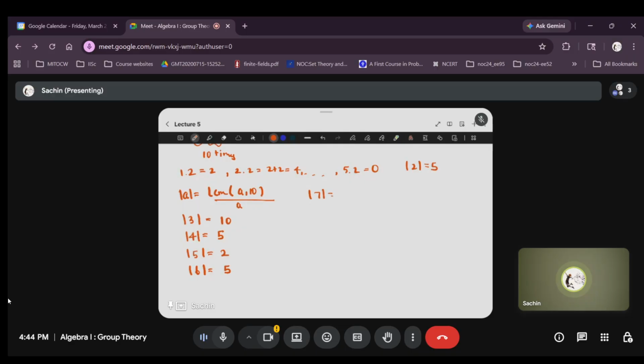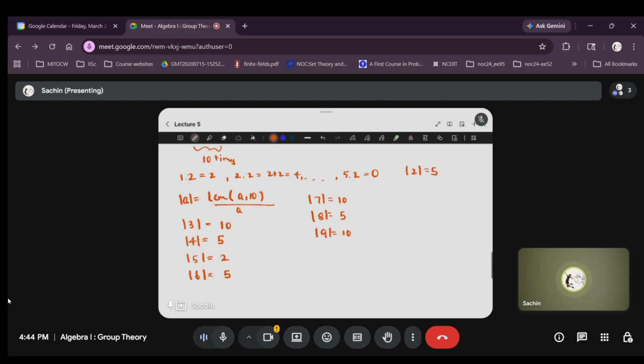Order of 7 is 10, I guess. Order of 8 is 5. Order of 9 is 10. So all the numbers that are relatively prime to 10 will have the order equal to 10.